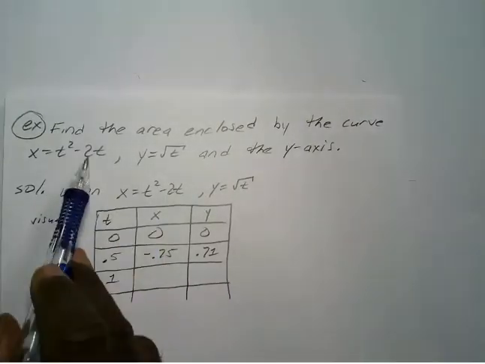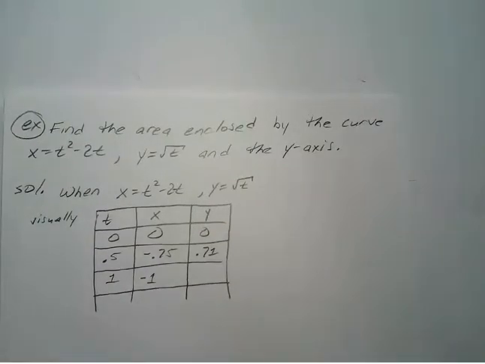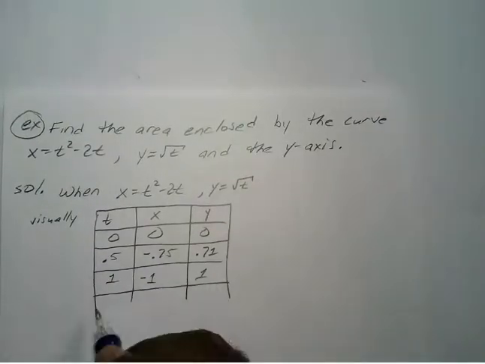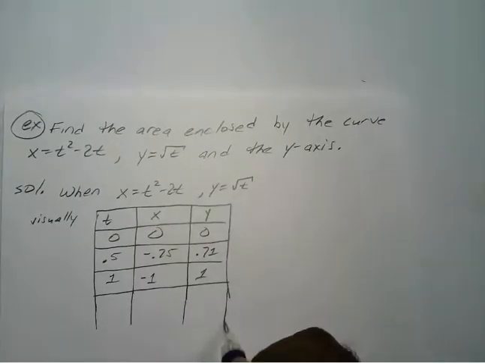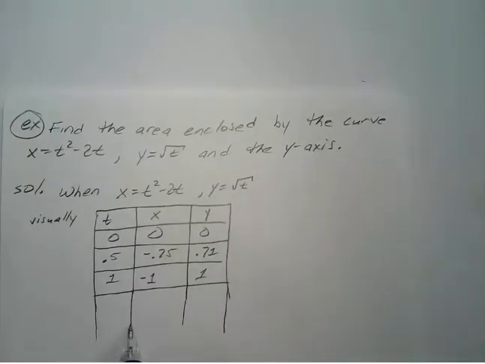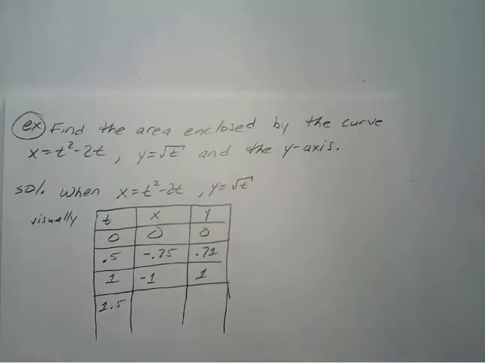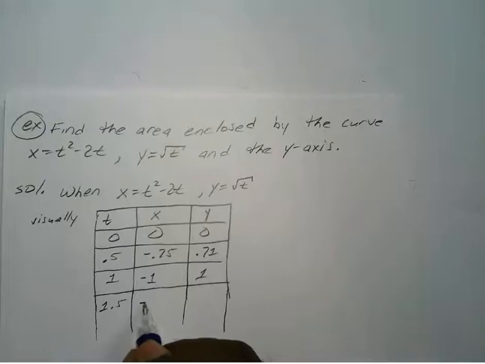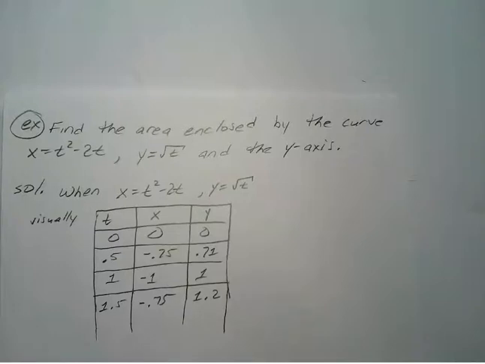You end up with x equals negative 1, and y equals 1. Now if you plug in 1.5, you get negative 0.75 for x, and 1.2 for y.